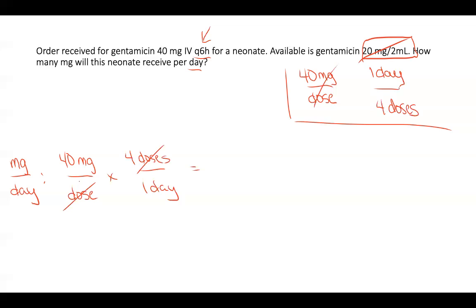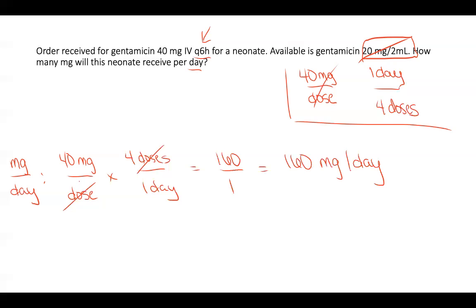So I'm going to do my math straight across. 40 times 4 is 160. 1 times 1 is 1. Okay, so this answer is 160 milligrams per day.